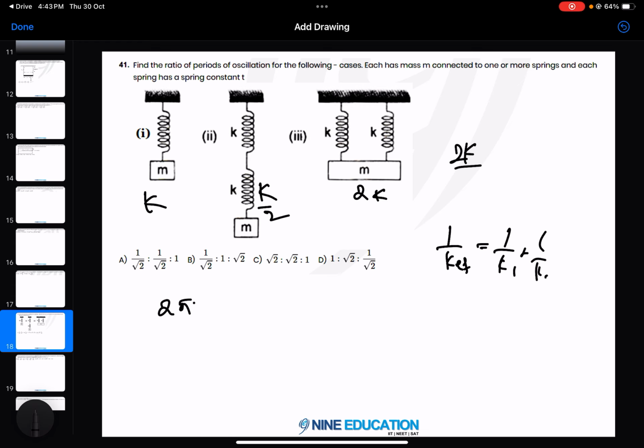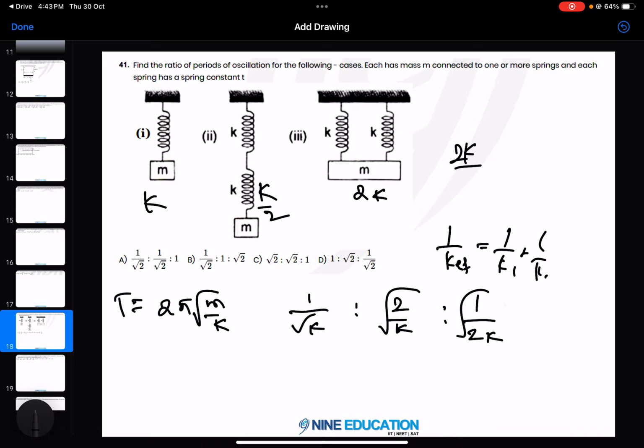Time period is 2 pi root m by K. Mass is same in all the cases, so it will be ratio of 1 by root K. So 1 by root K is to 1 by root of K by 2 is to 1 by root 2K. K cancelled. 1 is to root 2 is to 1 by root 2, which will be option D.